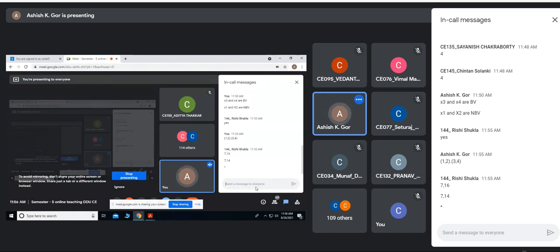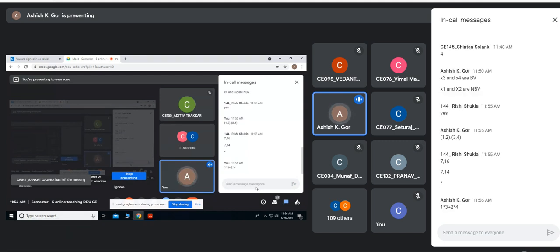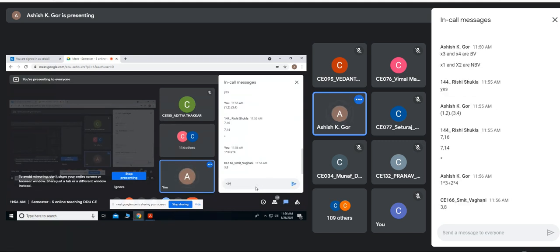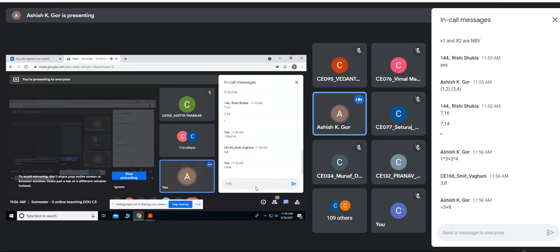What you have to do? First element you have to multiply, so 1 into 3, right? And the second element you have to multiply, so 2 into 4. So 3 plus 8, okay, and which is 11.